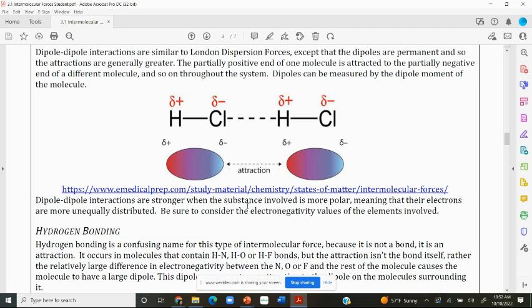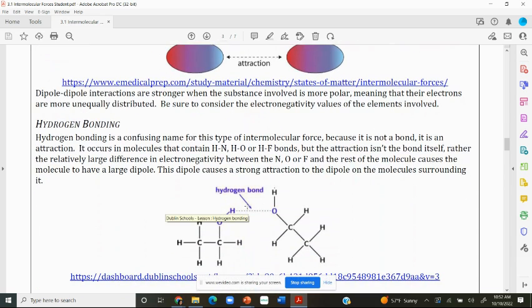LDF is an accepted abbreviation on the AP exam. IMF, which is intermolecular forces, is also an acceptable abbreviation. Don't waste your time. Is Zeff also accepted? Mm-hmm. I don't know if there's an abbreviation for hydrogen bonding. You could do H bonding, H dash bonding, because hydrogen's abbreviated H. I would say dipole.